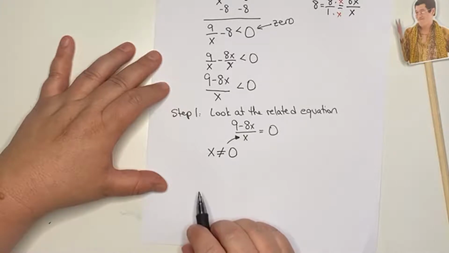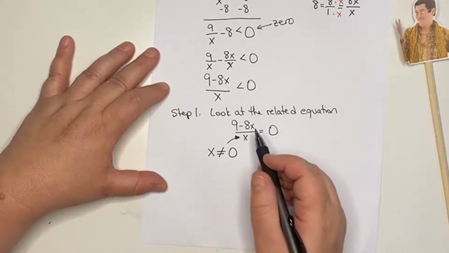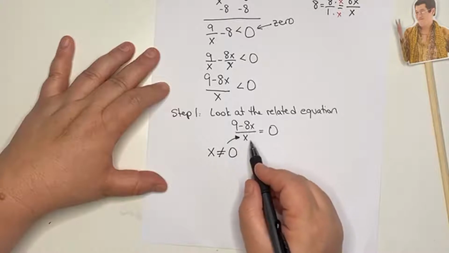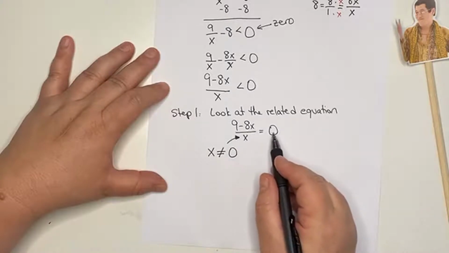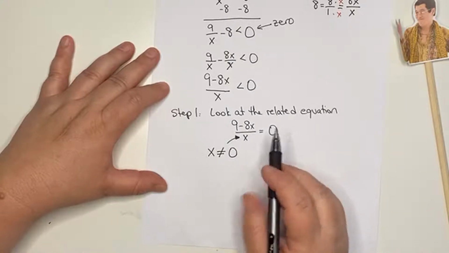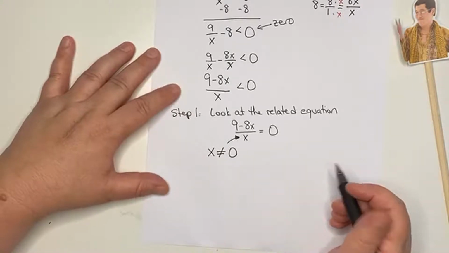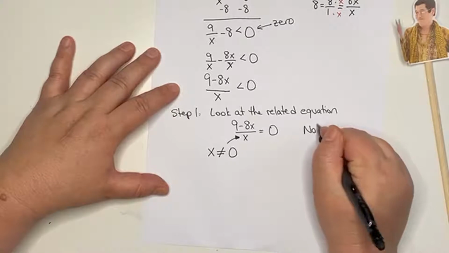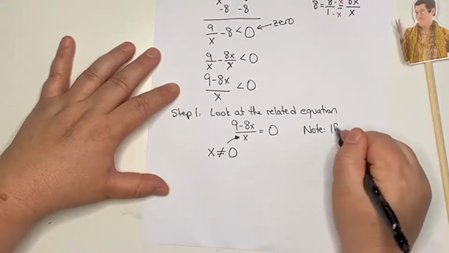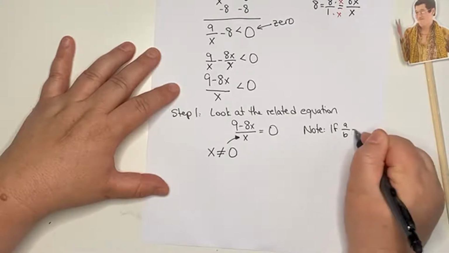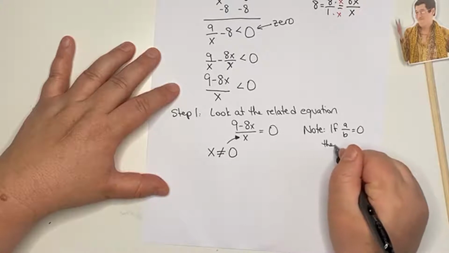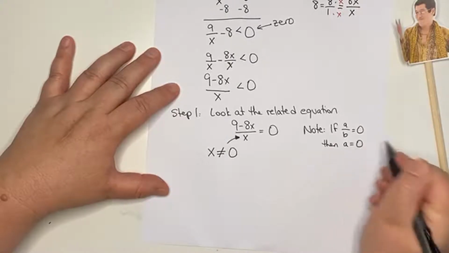And then the next thing to note is that if I have a fraction or a rational expression equal to 0, then I know the numerator has to equal 0. Put another note over here. If a over b equals 0, then a must equal 0.